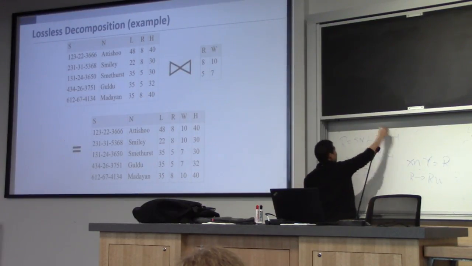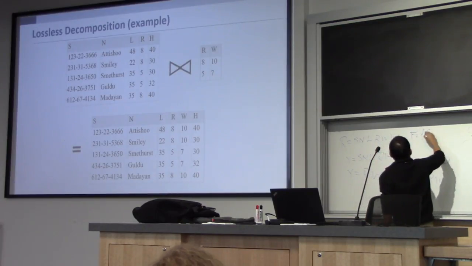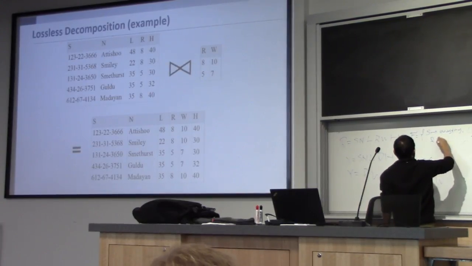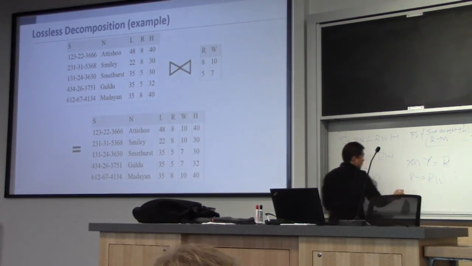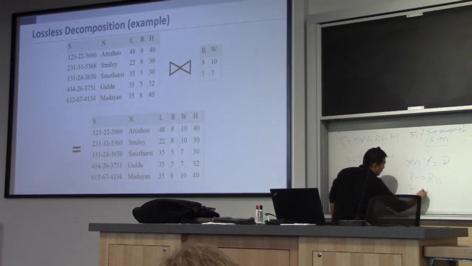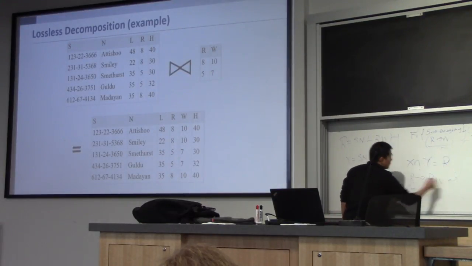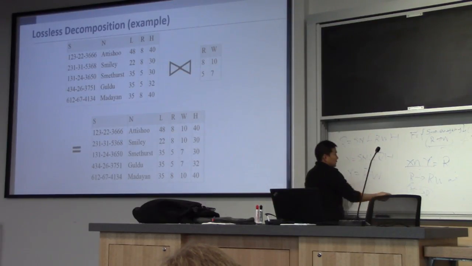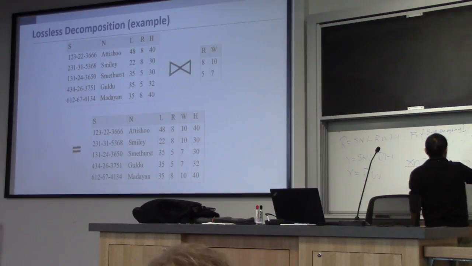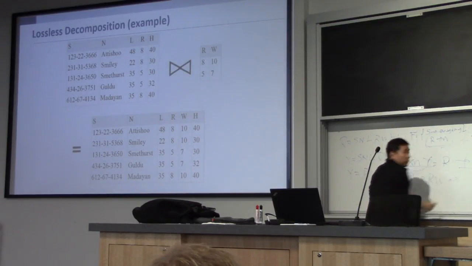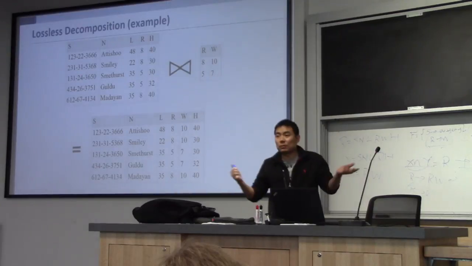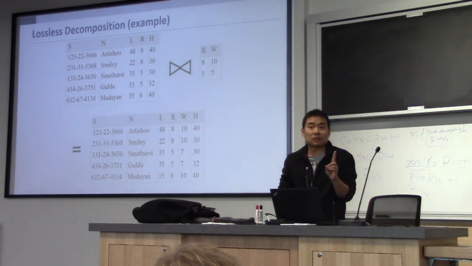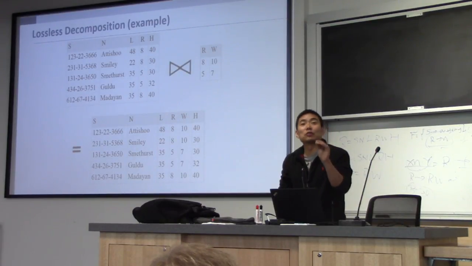Because you are given your functional dependencies: S determines everything, that's the key, and R determines W. Given this and the trivial dependency R determines R, this shows you R determines RW, which is to say X intersect Y determines Y. Hence, this must be a lossless join decomposition. Okay? Yes or no? You guys need to do this, okay?